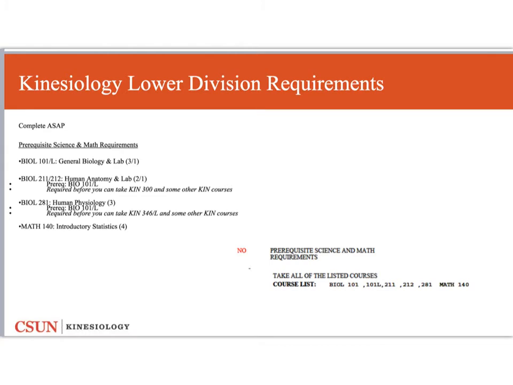The last course listed here in this section is Math 140, which is Introductory Statistics. Most of you probably already have statistics. Double check that if you took statistics, you're getting credit for it. If you thought you took statistics and your DPR is still listing it in your course list, that means that you're not getting credit for it for some reason.